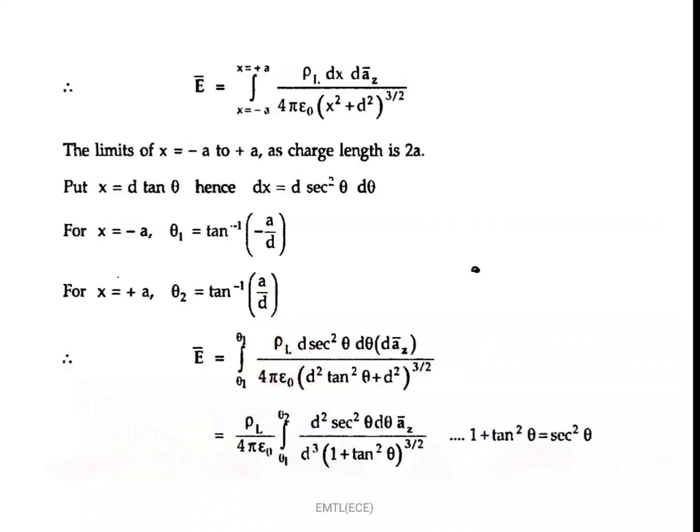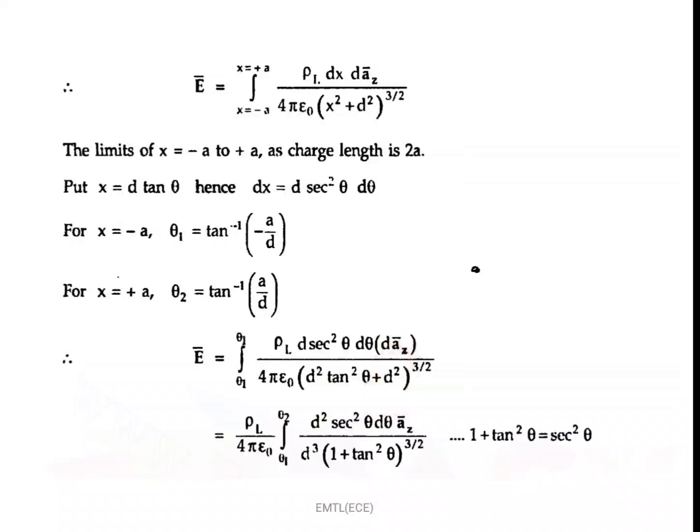So rho L by 4 pi epsilon naught, d square secant square theta d theta aZ bar, by d square common value here, with the whole power of 3 by 2.